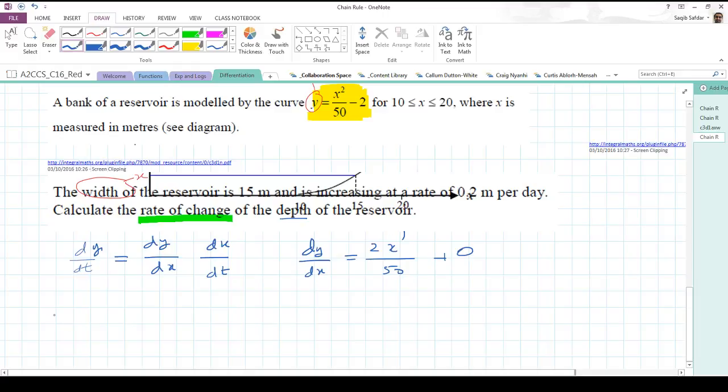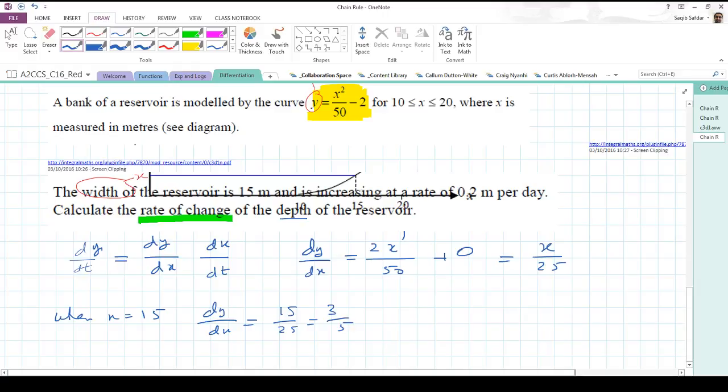So that means when x equals 15, then our dy over dx, which is what we just worked out, so this is x over 25, then dy over dx will have to be 15 over 25, which gives us 3/5.